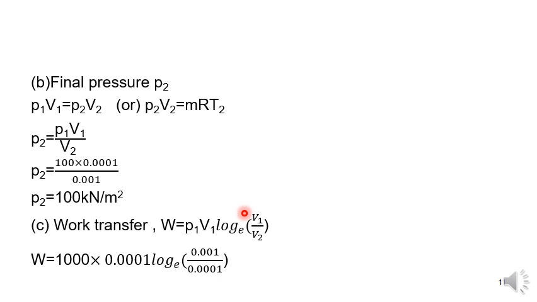Substitute all the values here: 1000 into 0.0001 log_e of V1 by V2.